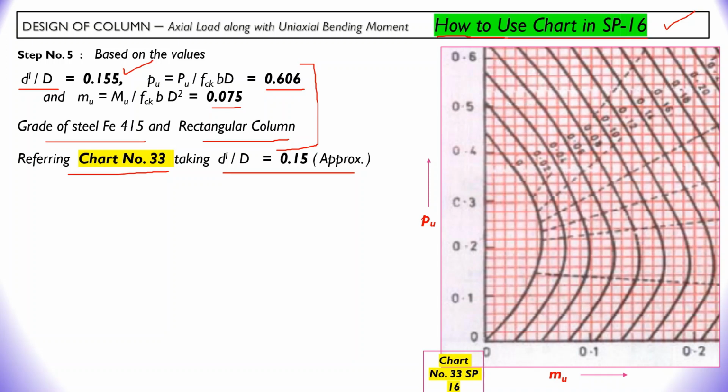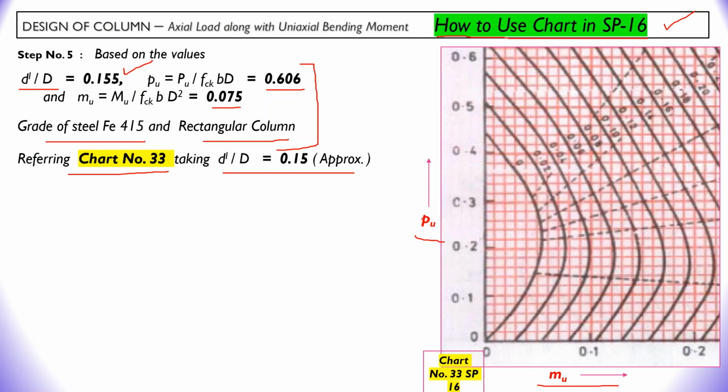Now we have selected this chart, that is chart number 33 from SP-16, and in this chart I have illustrated the design steps also. That means along the vertical direction or along the y-axis we have the value small pu, and along the x-axis we have values in the range of 0.1, 0.2, like that.